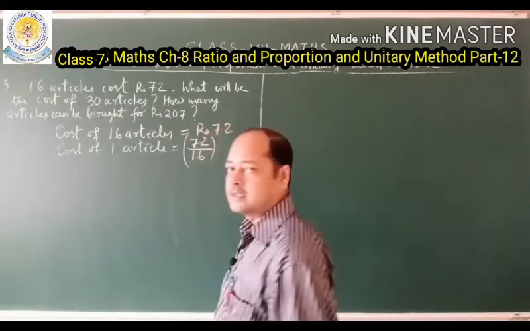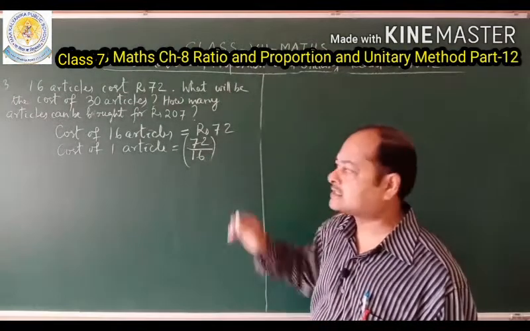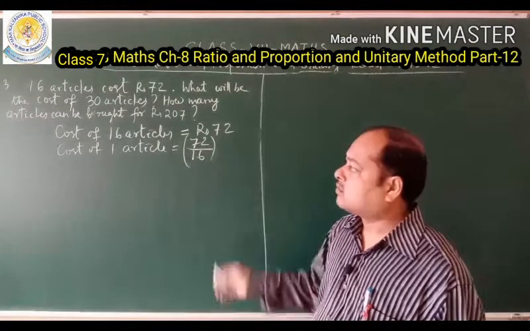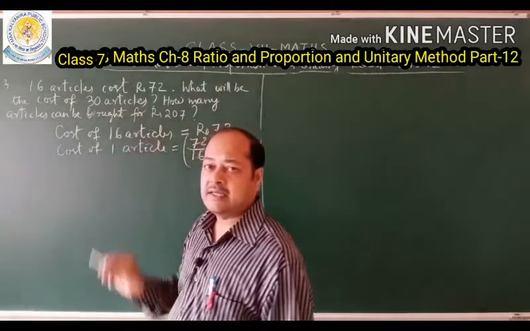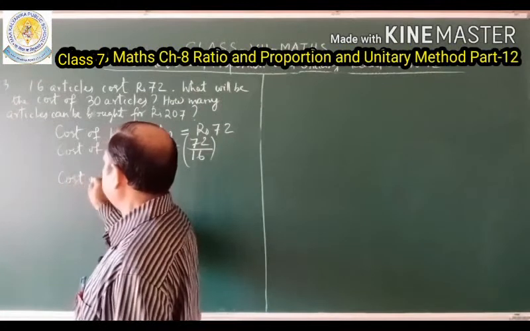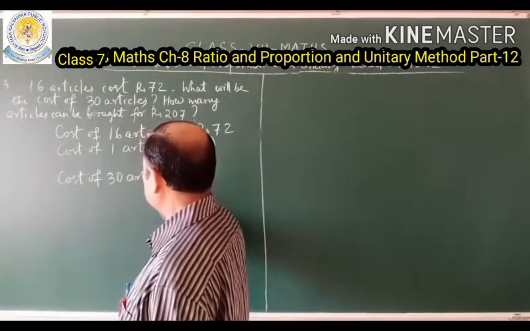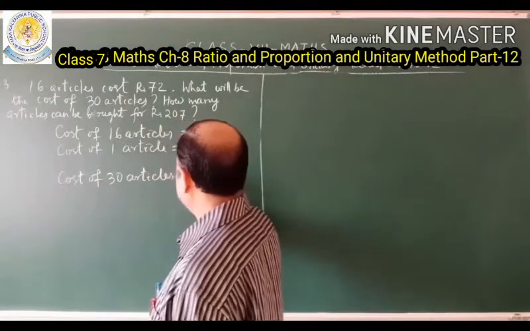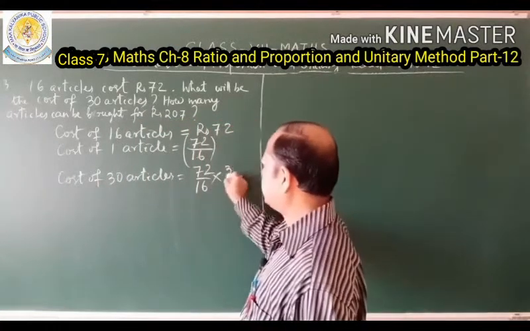This is the cost of one article, 72 divided by 16. Then what is the required quantity? That is 30 articles. So cost of 30 articles equal to 72 by 16 into 30.